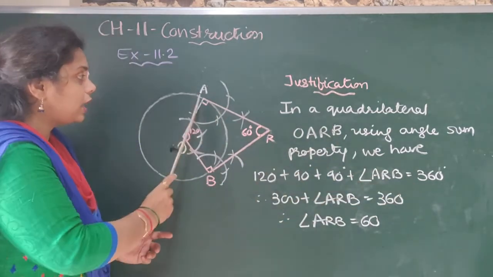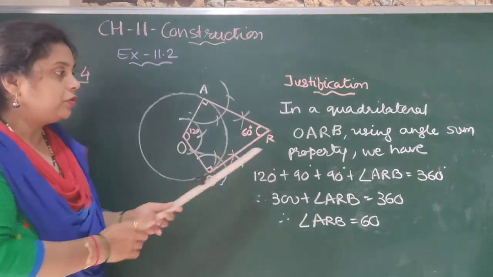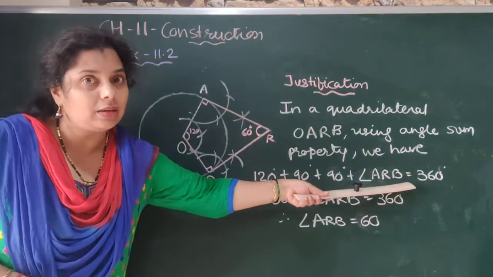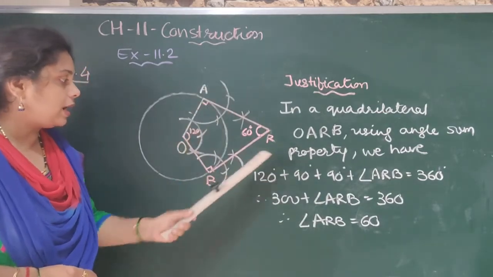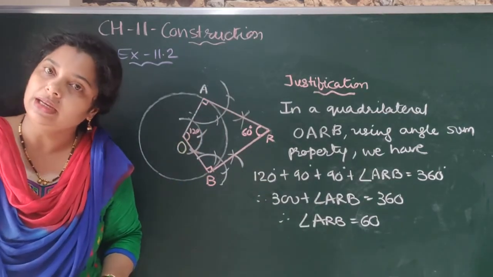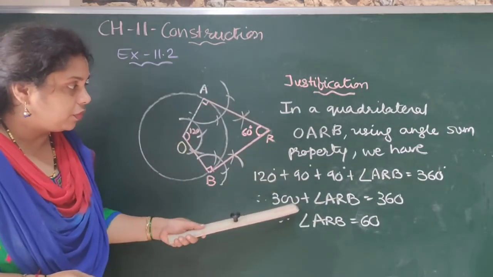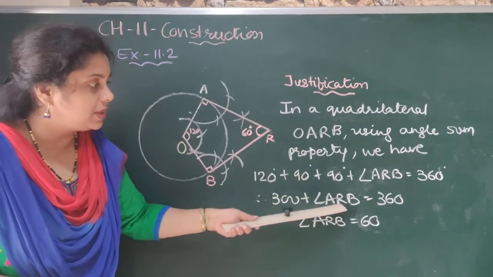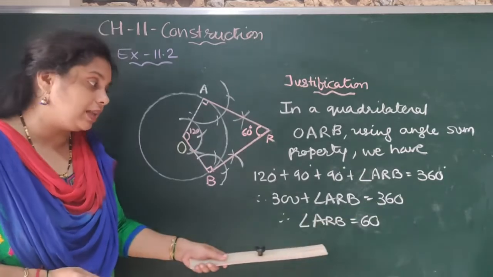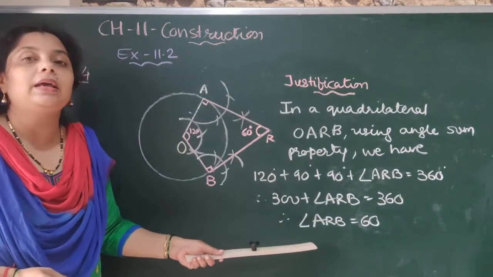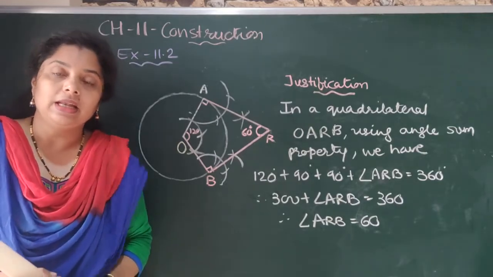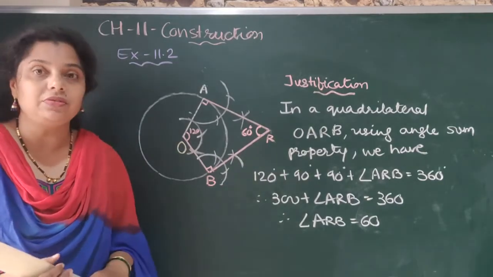All these four angles, if we sum them, we get 360, because OARB is a quadrilateral. Therefore if we add these, we get 300. So 300 plus ARB is equal to 360, and that's why we can say that angle ARB is 60 degrees. Like that you can give a justification.